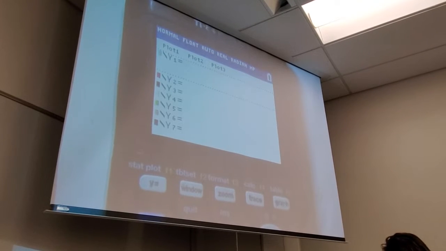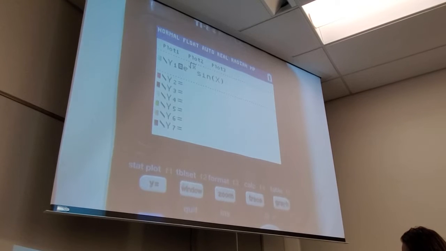Now I get to learn how to type it all. e to the root x times sine x. Check out what my calculator does. Let's see how you guys feel about this. Is this what you showed us last time? Not quite, I didn't go this far.